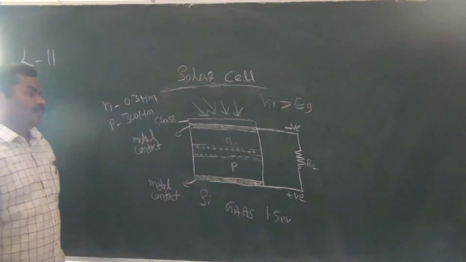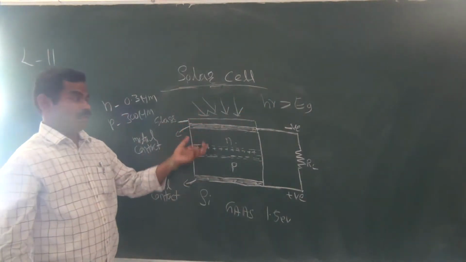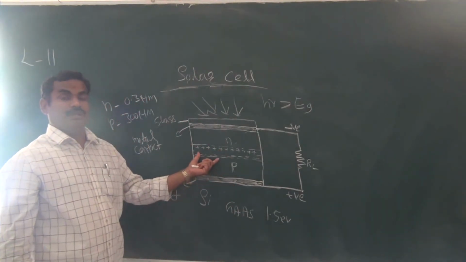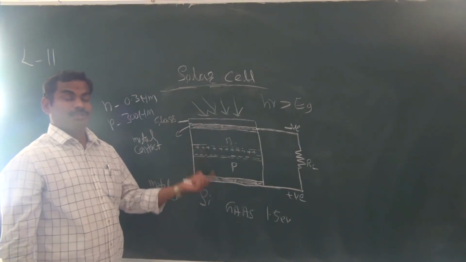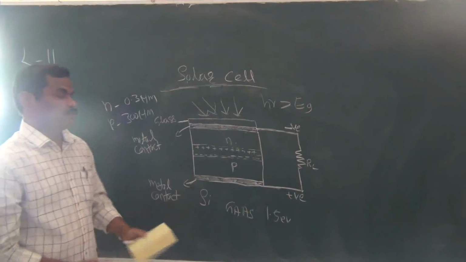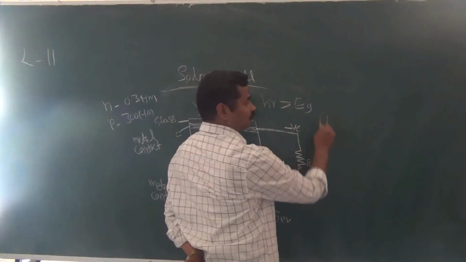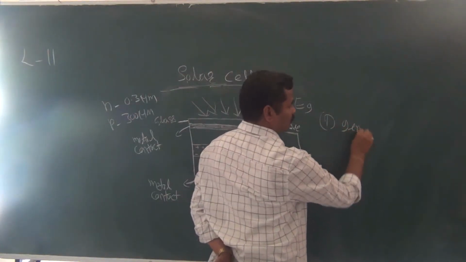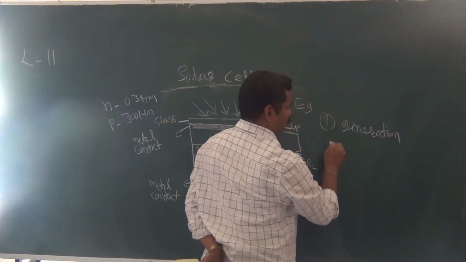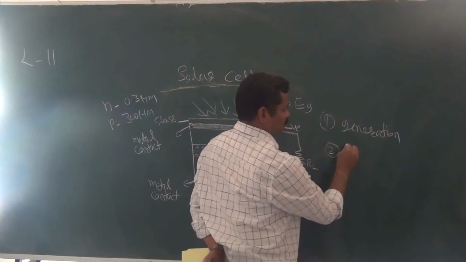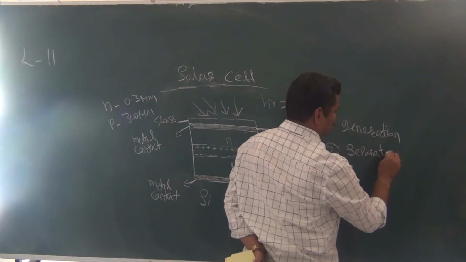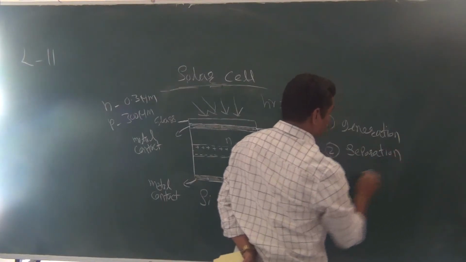Actually, you can study the solar cell, the process of generating EMF, in 3 processes: generation, separation, and collection.